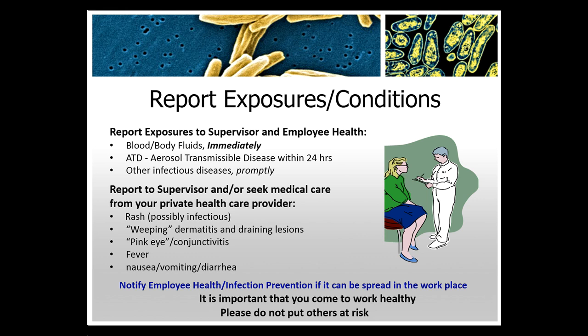Report to your supervisor or seek medical attention from your private healthcare provider if you have evidence of infections that could be transmitted in the workplace. And notify the employee health or infection prevention if it can be spread in the workplace. It's important for you to come to work healthy. Please don't place others at risk.